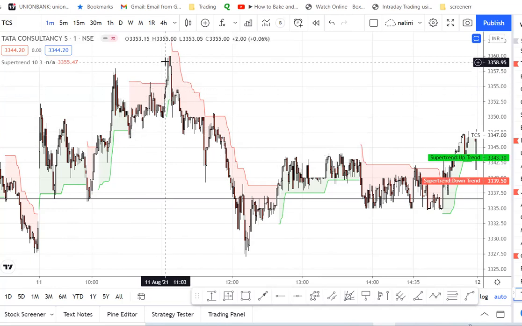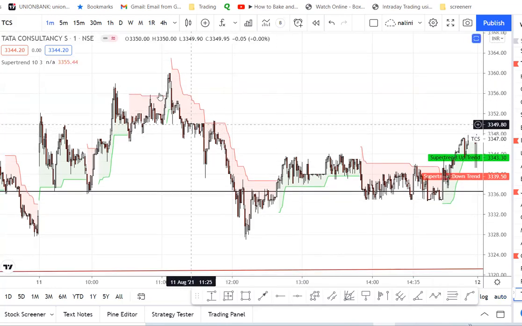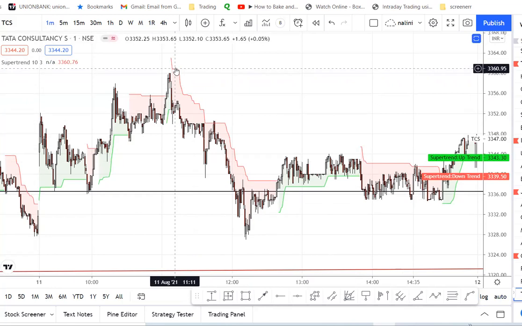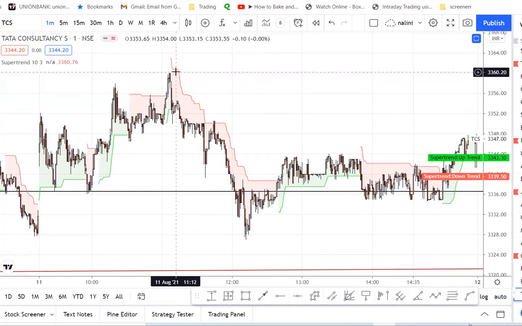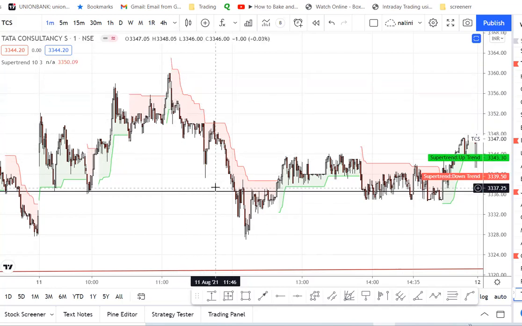Then price popped up, made a higher high and failed, and the red super trend came. So it gave a sell signal in the smaller time frame. You could have gone short here, and you have to anticipate where the target will be.